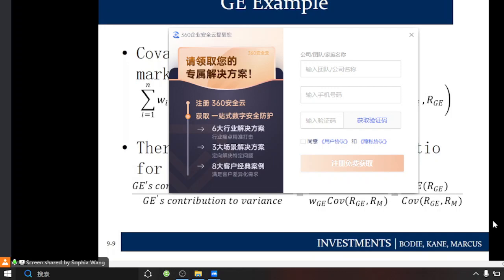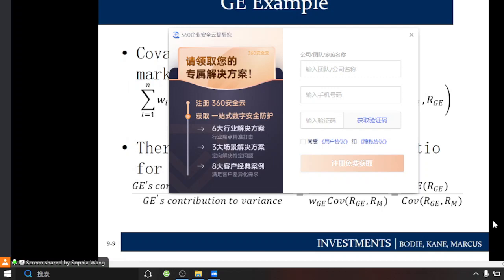That means if there are risks in all of the markets, actually this is a sum of the contribution of individual securities. So that's why we need to calculate the contribution of each individual stock.